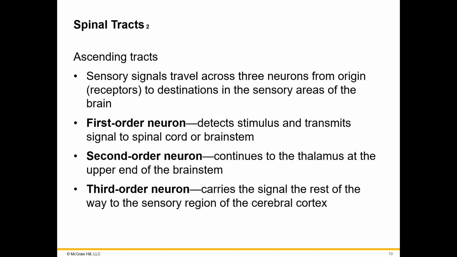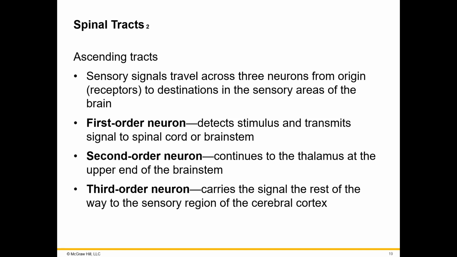So the first order neuron is dealing with the receptor to the spinal cord, or the brainstem if you go into the brain. Then from the spinal cord or the brainstem to the thalamus, you have second order neurons. And then from the thalamus to your sensory region of the cerebral cortex, that is the third order neuron.